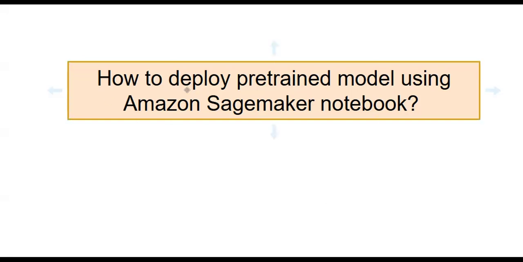For that, I want to use Amazon Cloud for deploying them. To deploy any pre-trained model in Amazon, we need to know how to deploy it. That you will understand from this video. So let's see first what are the pre-trained models available for us.